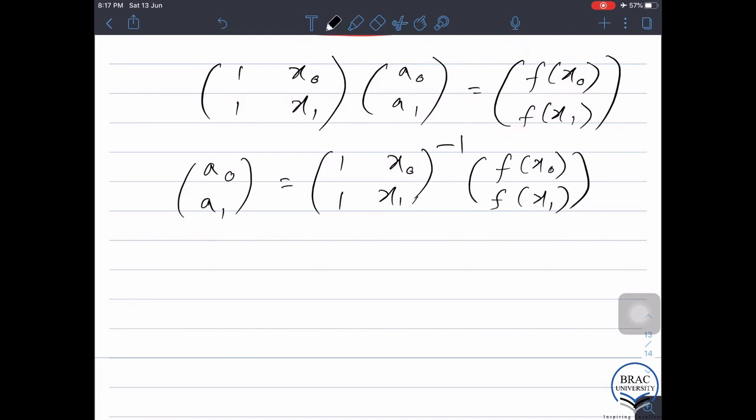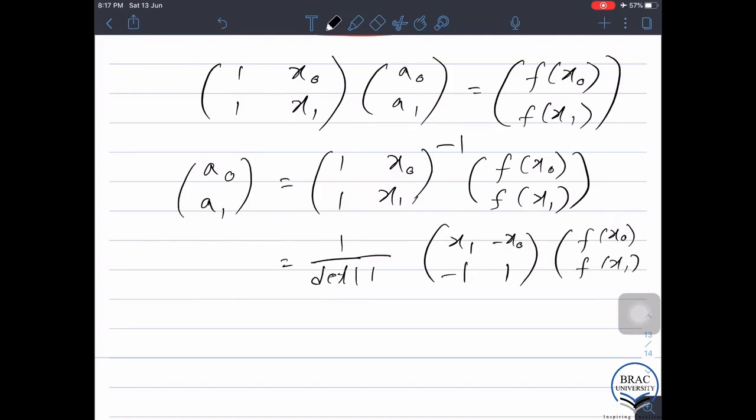So how do we find the inverse of a 2 by 2 matrix? I think all of you know it, which is 1 over the determinant. So let me write it down: 1 over the determinant of the matrix, times [x1 -x0; -1 1], and you multiply by [f(x0); f(x1)].